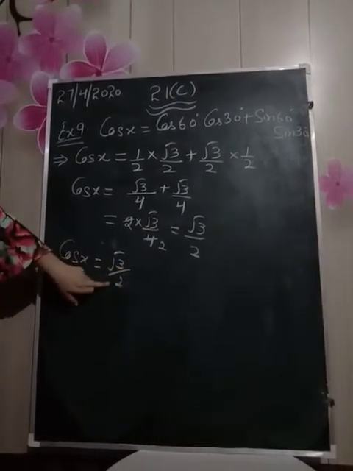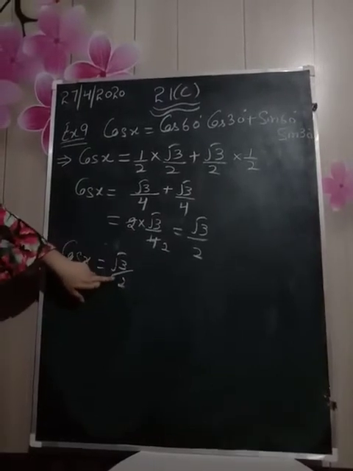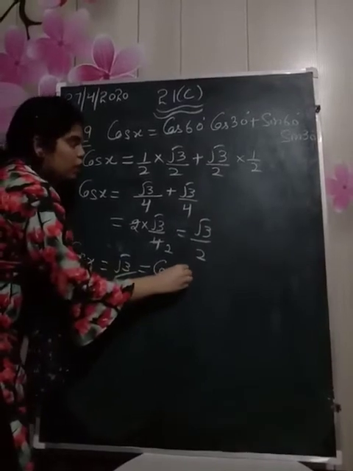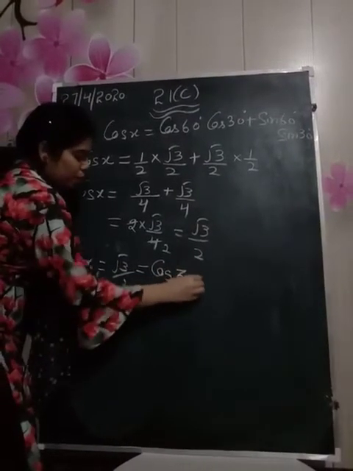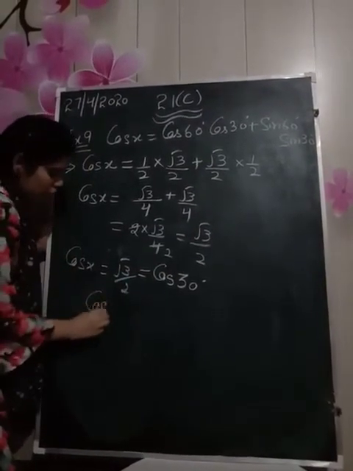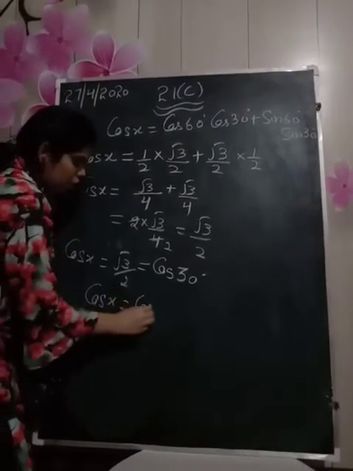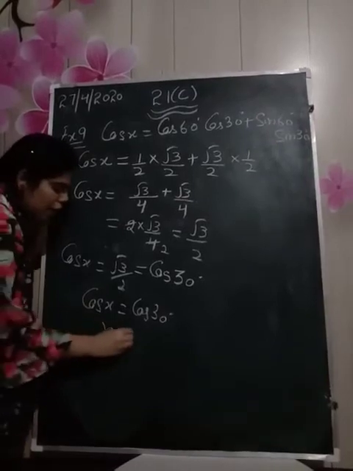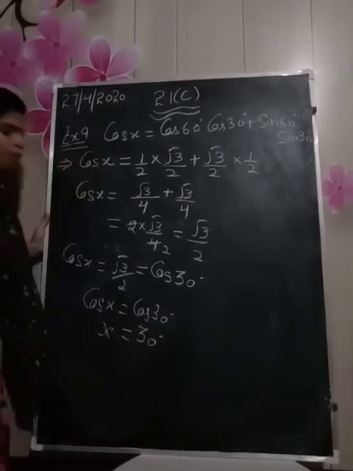From the table you can easily find root 3 by 2 is equal to cos 30 degree. So cos x is equal to cos 30. By applying inverse, we can find x is equal to 30 degree.